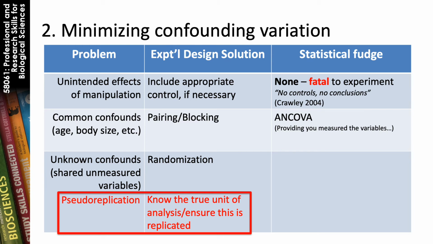Another way to reduce the effect of pseudo-replication is to know what the true unit of analysis is, and ensure that the experiment is well replicated at that level. So remember, I was talking about if you measured 5 individuals from the same family and 5 individuals from another family, you can't then say you have 10 independent replicates.